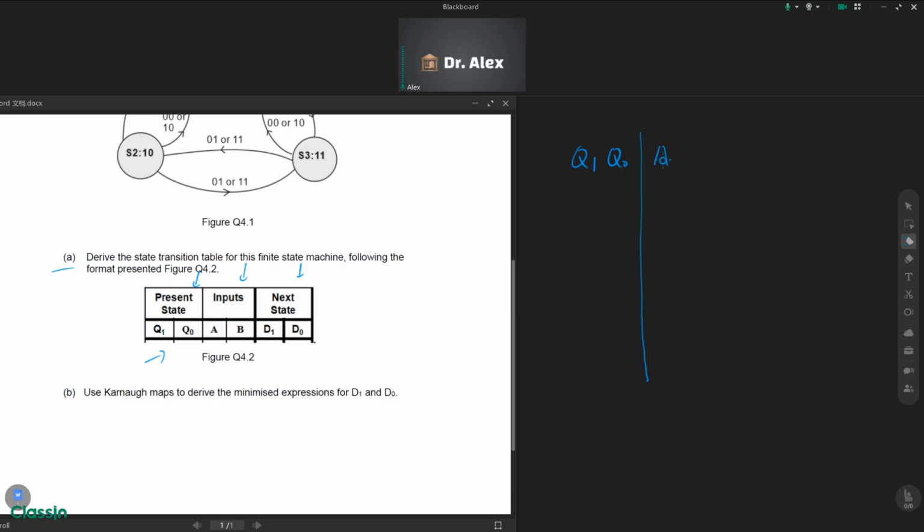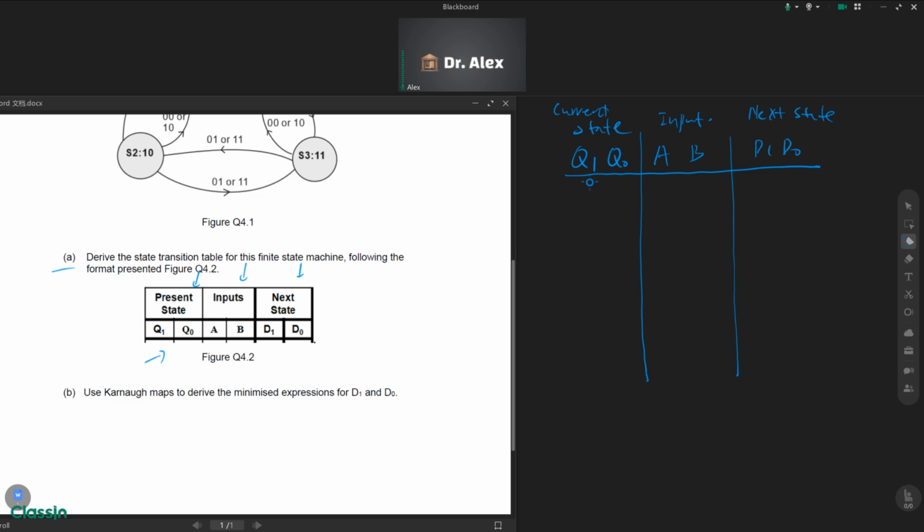And A and B mean the input. All right, this is input. This is current states. Okay, and D1 and D0 mean next state. All right. Okay, we will fill this table.